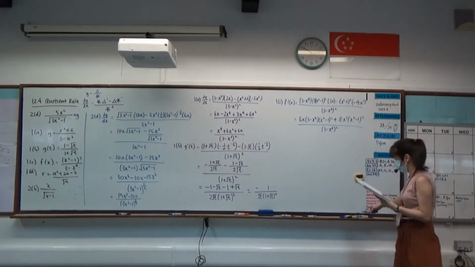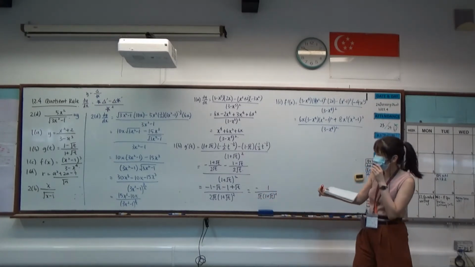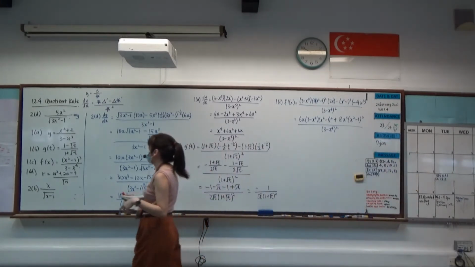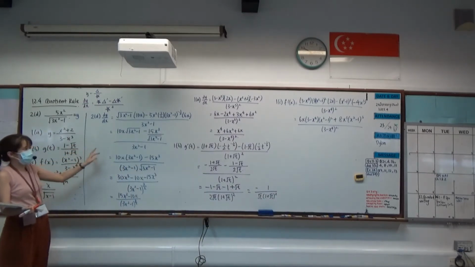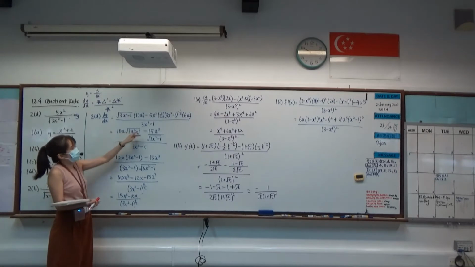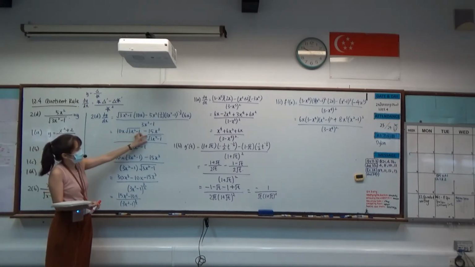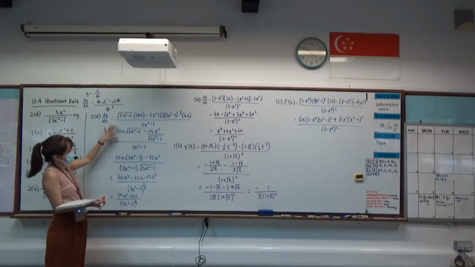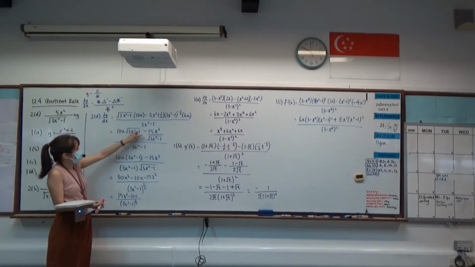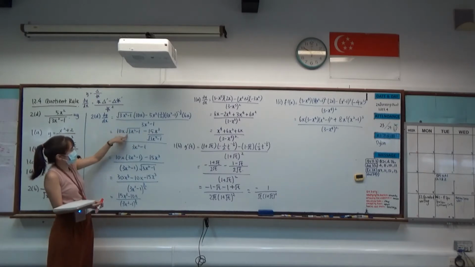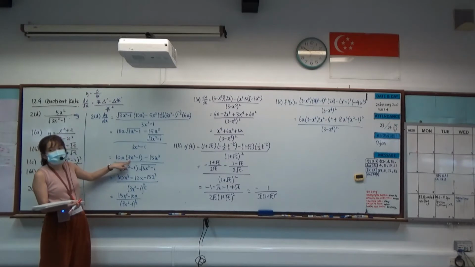Okay, hopefully I didn't make any mistakes on the board. Alright, for 2D, if you look at the question, I hope you are able to accept that when we have a fraction in a fraction, in this step we bring the whole of the numerator to share that common denominator, so that square root 3x squared minus 1 times this gives me 1 full 3x squared minus 1.